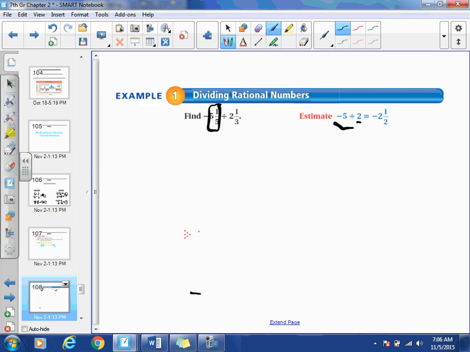When I'm dividing, we're first going to change all my mixed numbers and whole numbers to improper fractions. 5 1/5 becomes 26 fifths, and it's negative. 2 1/3 becomes 7 thirds, and it's positive. Then I'm going to take the reciprocal of the number after the division sign. I'm going to change divide to multiply.